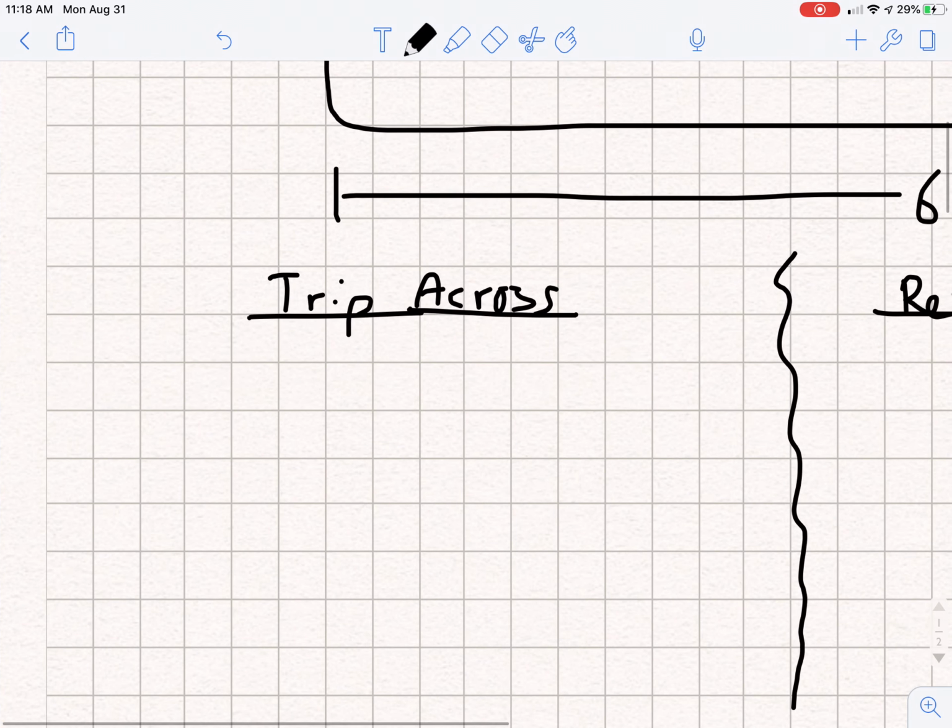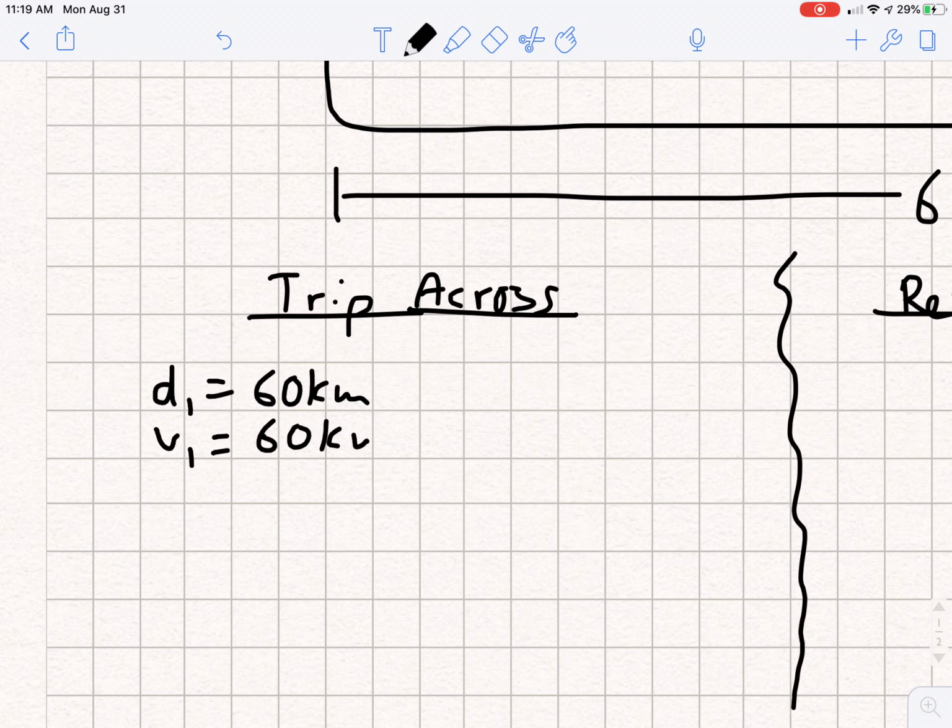Okay, so the trip across, we have D1, the distance across, which is 60 kilometers. It's the distance that boat A goes across the lake. Boat A goes across at 60 kilometers per hour. We don't know how long it takes, so we're going to use the following equation: V1 equals D1 over T1.